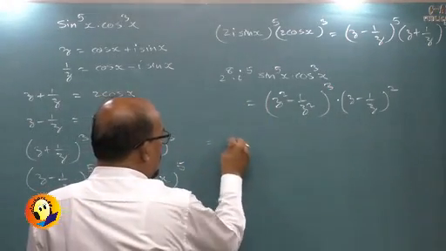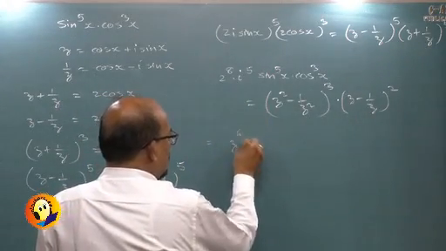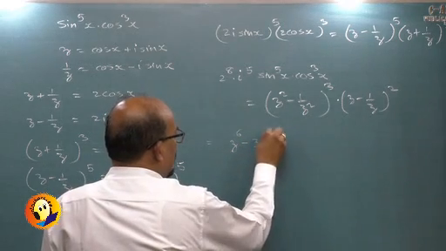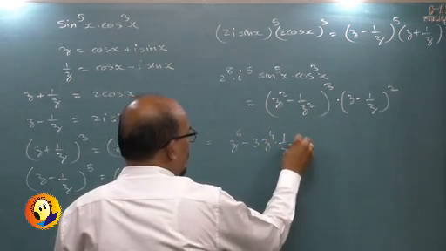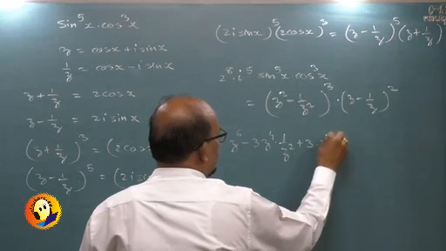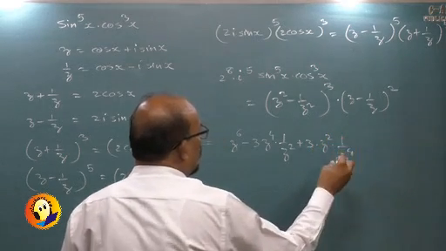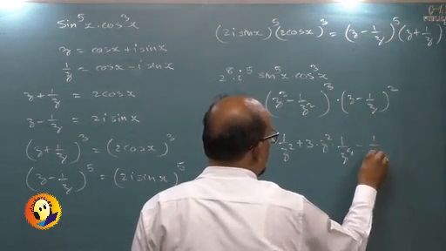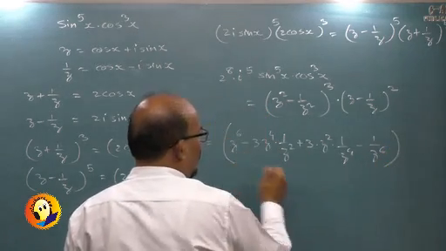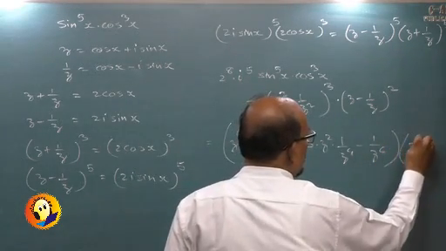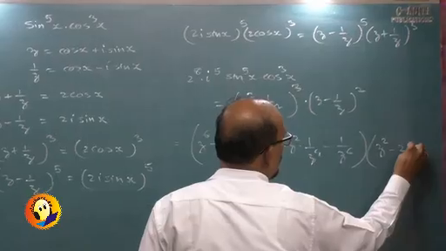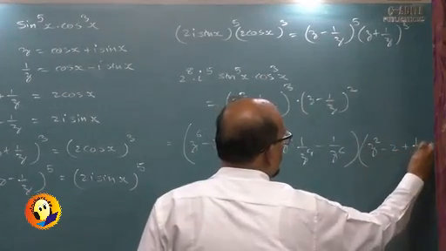So this will be expanded as z raised to 6 minus 3 z raised to 4 into 1 upon z square plus 3 z square into 1 upon z raised to 4 minus 1 upon z raised to 6 into z square minus 2 plus 1 upon z square.